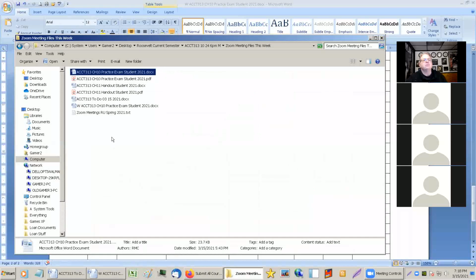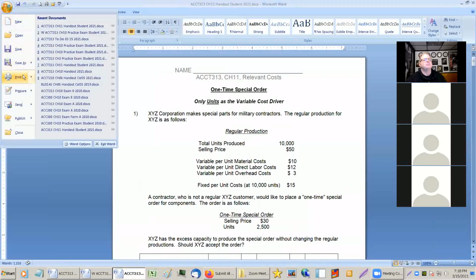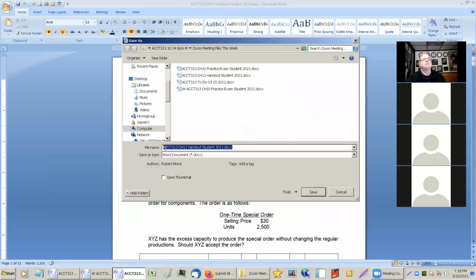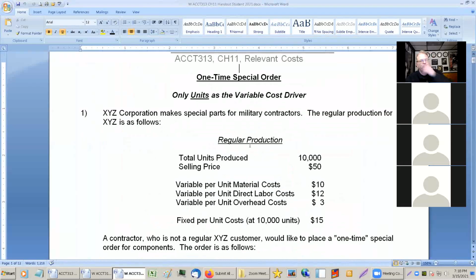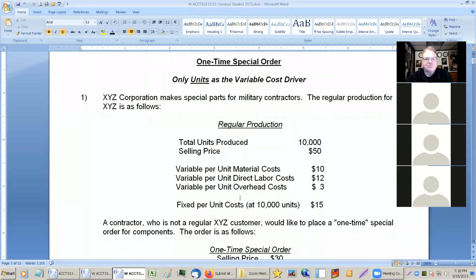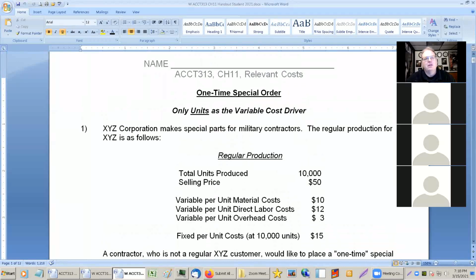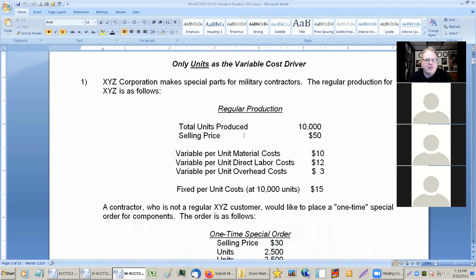So this is chapter 11, Relevant Costs. I may have a better term for that, relevant information, but relevant costs is what we usually see it called. Anyone that does not have chapter 11?